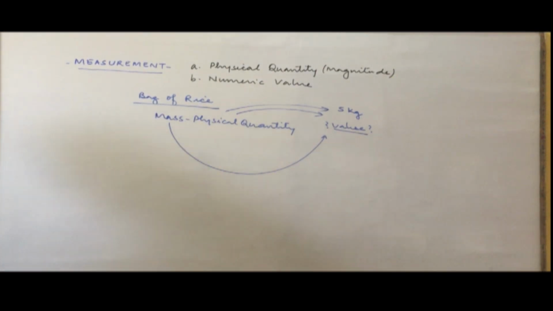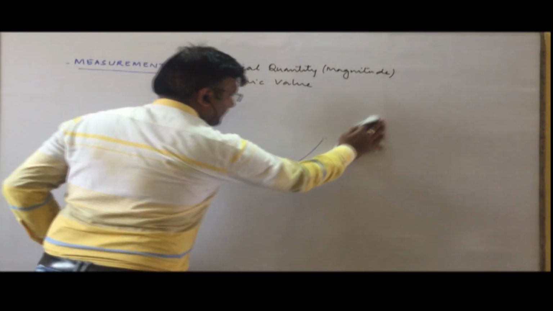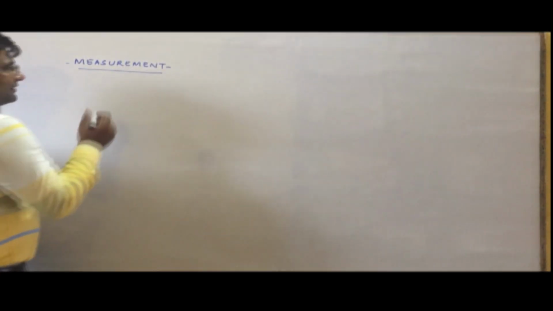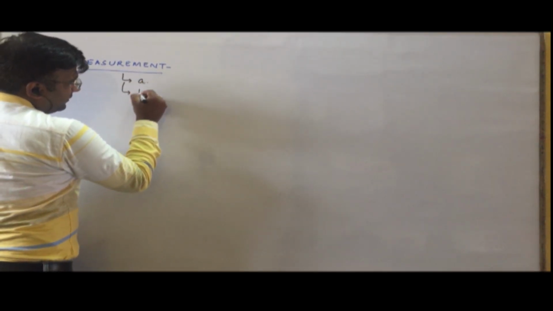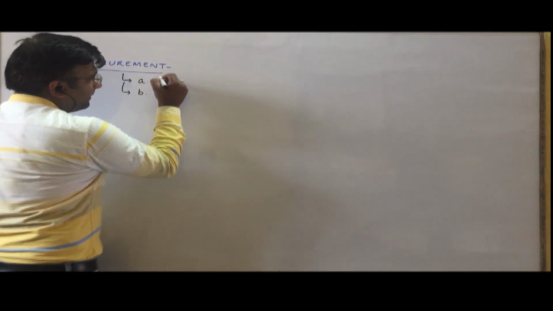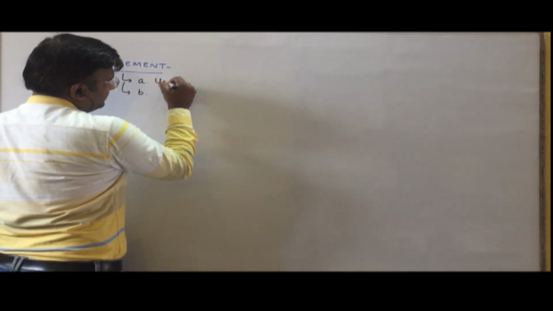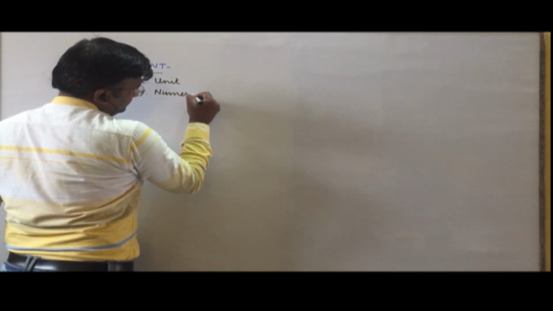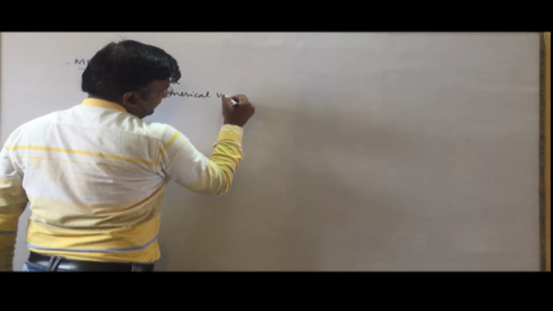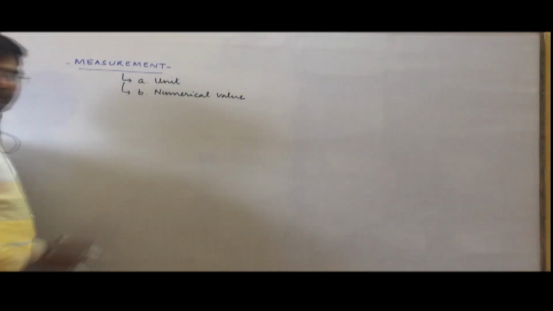Now comes the second question, which is how does measurement happen? Just below where you have written measurement, write this: in order to do measurement, we need number A, a unit, and number B, a numerical value or a number.